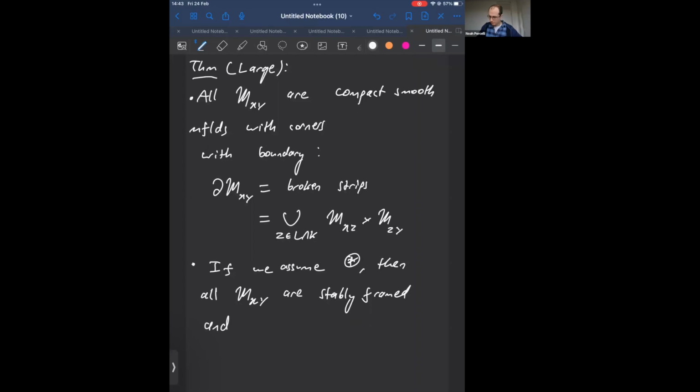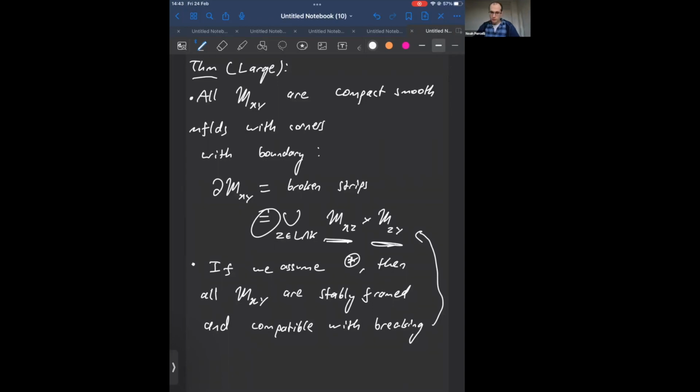This is compatible with strip breaking. What I mean is that it's compatible with this equation here. If MXY has a stable framing, that restricts to one on the boundary. And if I have stable framings on MXZ and MZY, then their product has a stable framing, and I need this to agree with this equation. So that's some coherence.